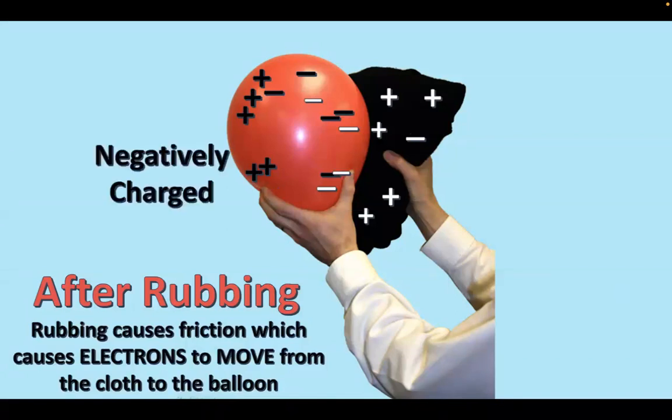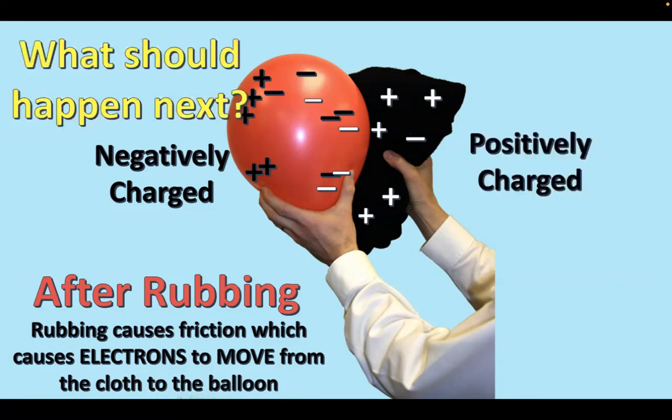Now, when the balloon gains negative charge, it's called a negatively charged object. And when the cloth has lost electrons, it has more positive charges now, so it's called a positively charged material. All right. So what should happen next if I bring a negatively charged object close to a positively charged object?